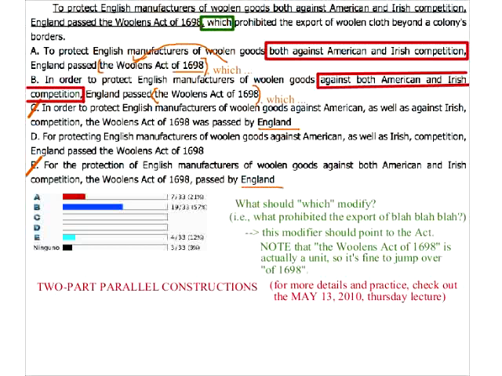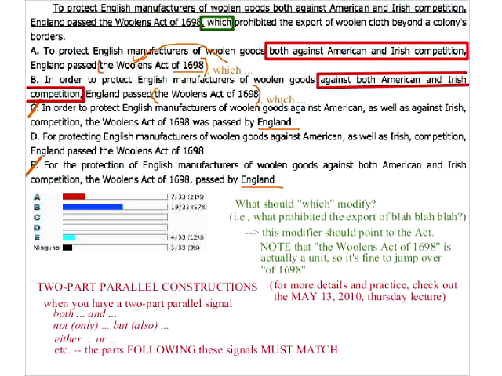When you have a two-part parallel signal, like, for instance, both X and Y, or not only something, but also (the only and the also are optional), either or, etc. The parts that follow these signals must match.